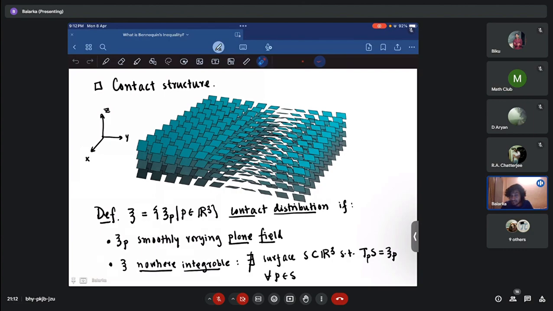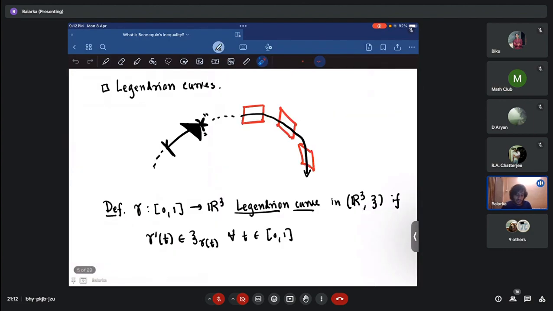The way I would like to think of a contact structure is, you are flying in 3-space in an aeroplane, and because of the wind or some unforeseen mechanical constraints of the aeroplane, you are forced to stay tangential to the planes at each point. Okay?